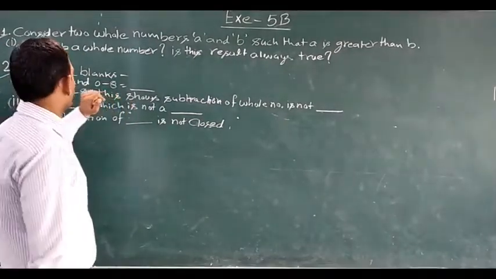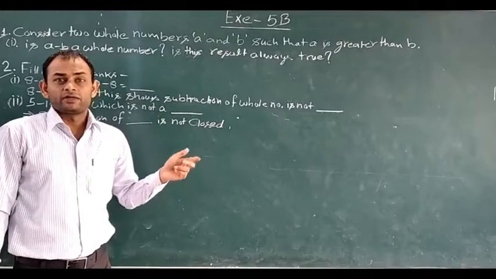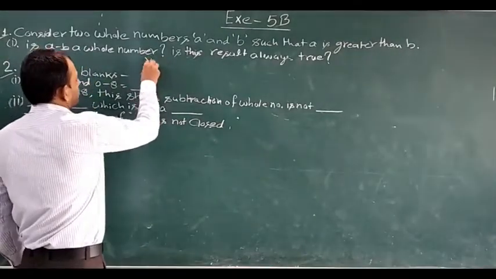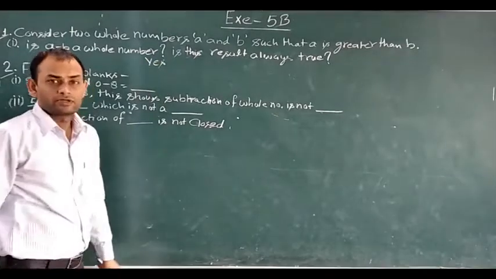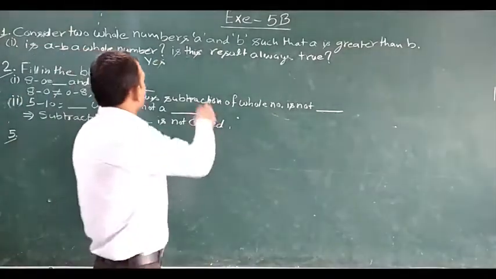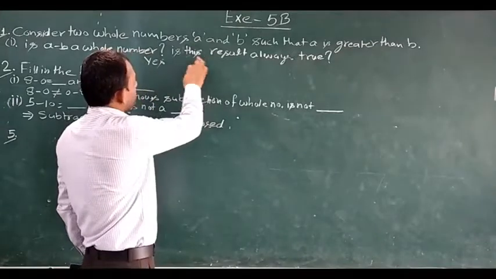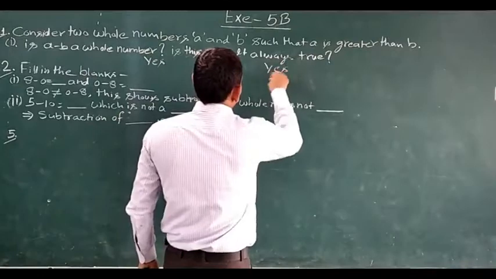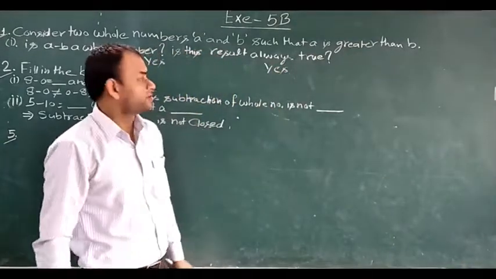Yes, I told you when we subtract or add two whole numbers we get a whole number. Got it? Now the second part asks: is this result always true? Yes, it is true. You can write yes or true as well.